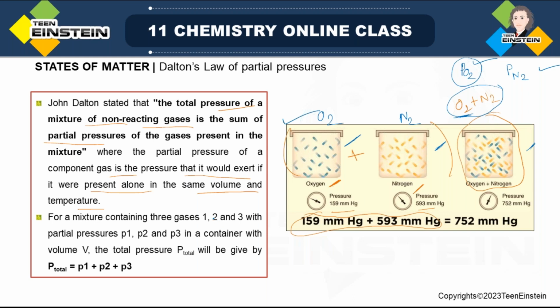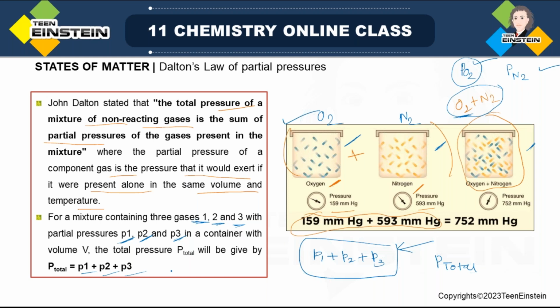Suppose we have taken three gases, gas number 1, gas number 2, gas number 3, and their corresponding partial pressures, small p1, small p2 and small p3, in a container. Now when we have taken all of them in the same container, the pressure after mixing, suppose it is P total, will be equal to the sum of all these three values.